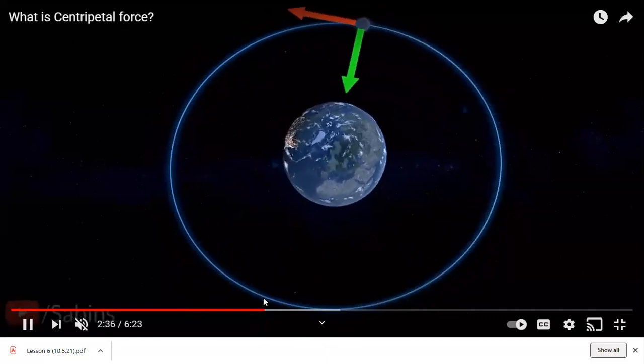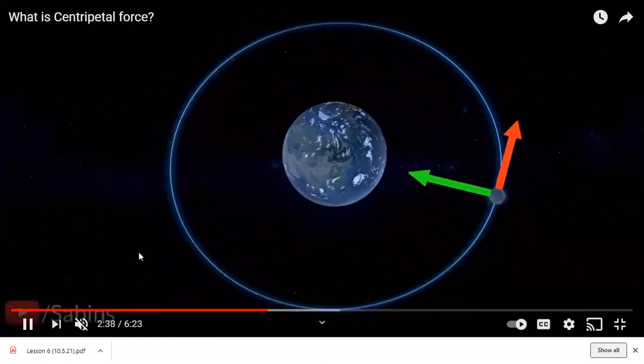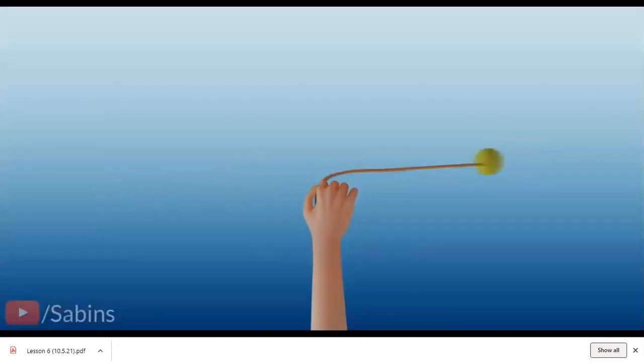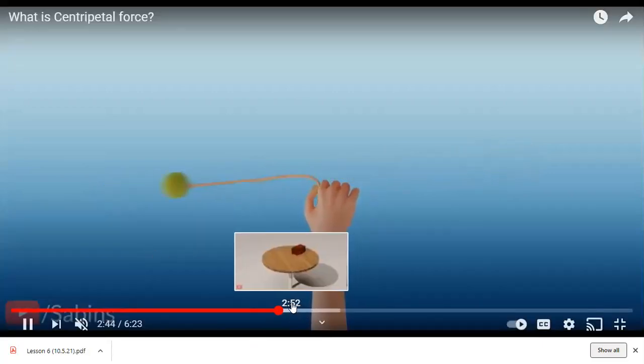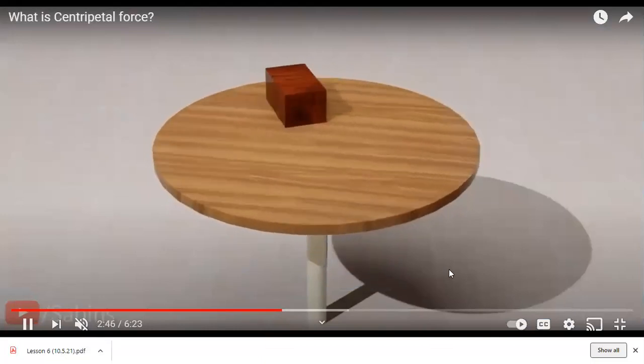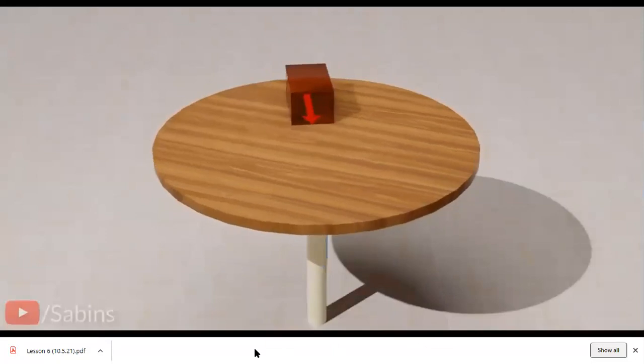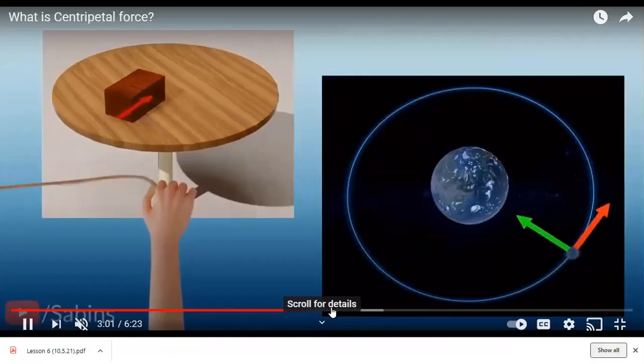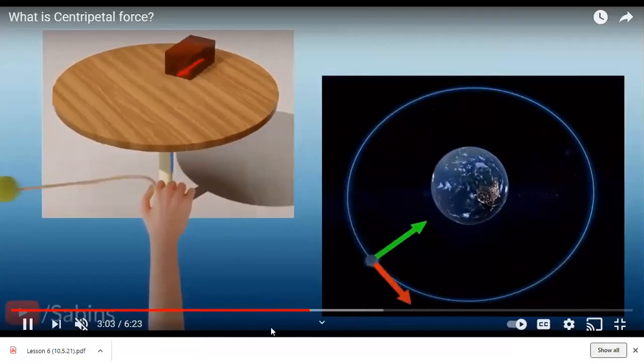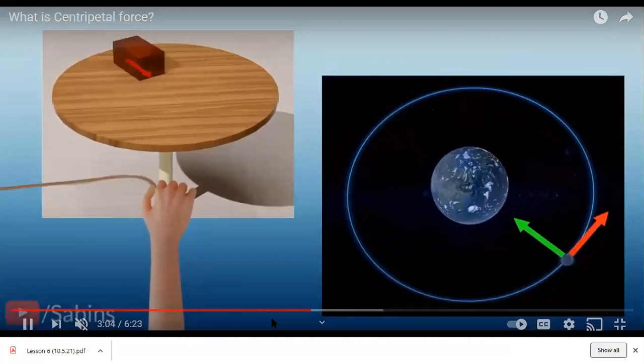Then there is one more application of centripetal force. When you whirl a ball with a string, that is also an example of centripetal force. A rotating table having a box on it. So all these three are examples of centripetal force.